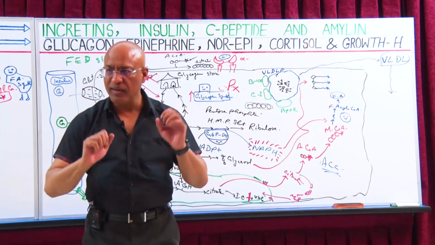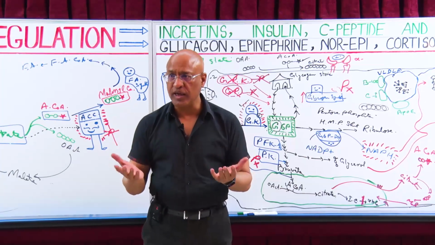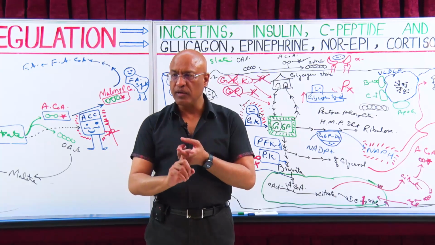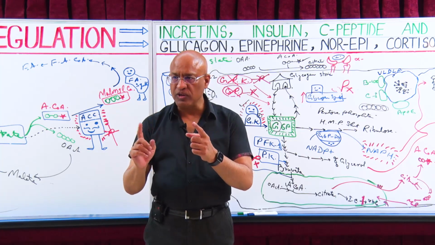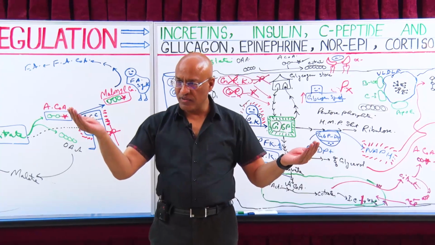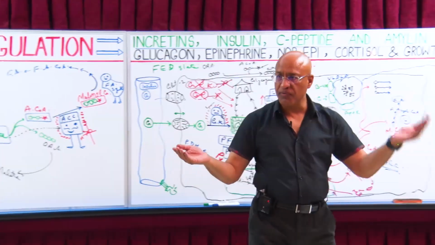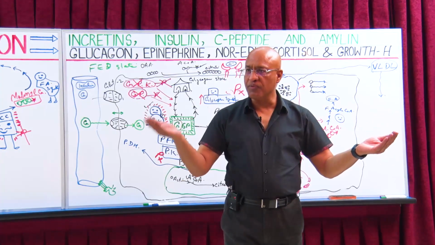Now what did we learn? We learned that triglyceride rich lipoproteins can be chylomicrons or can be VLDL. Is that right? Now chylomicrons are coming from where? From the GIT. VLDL is coming from where?